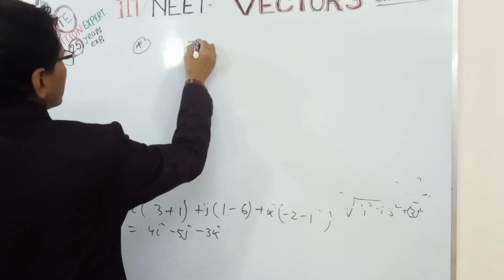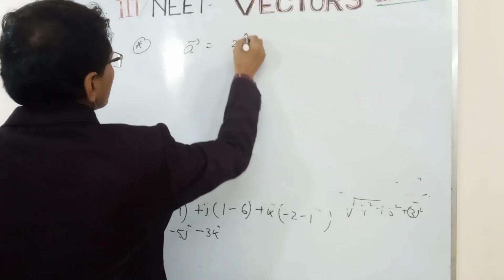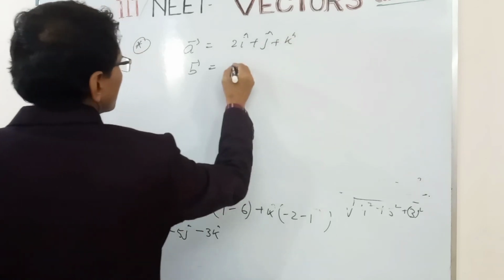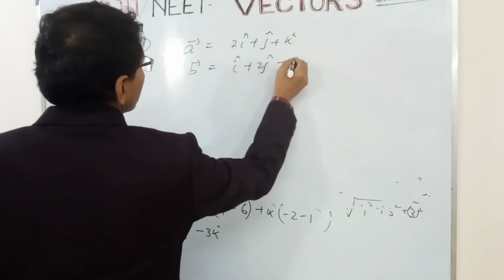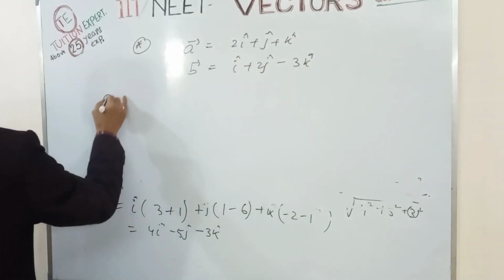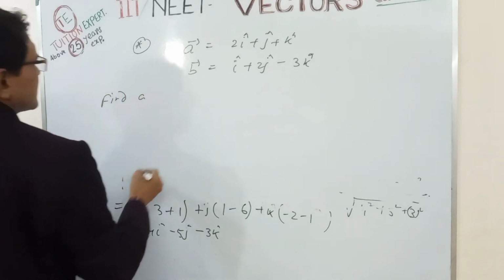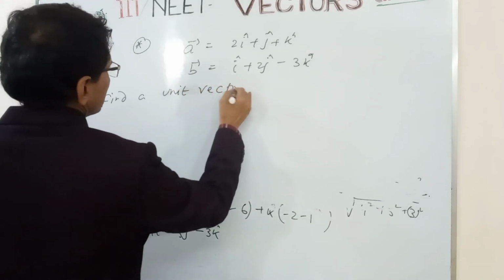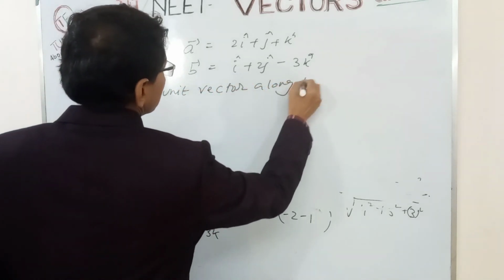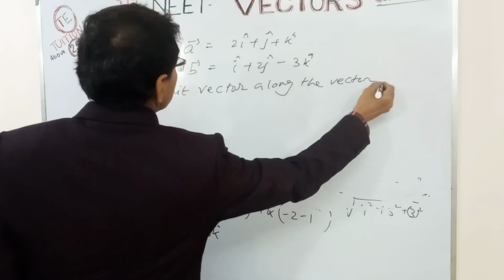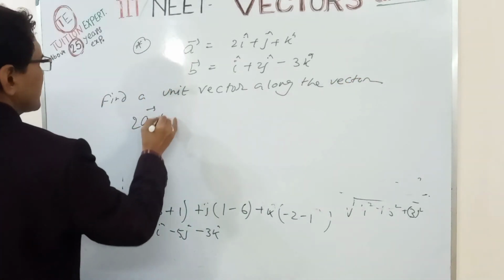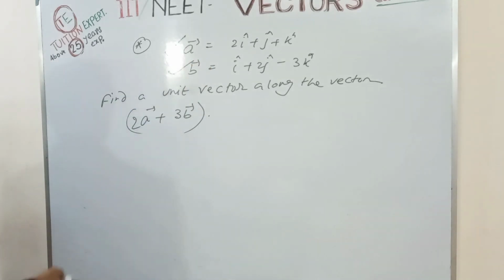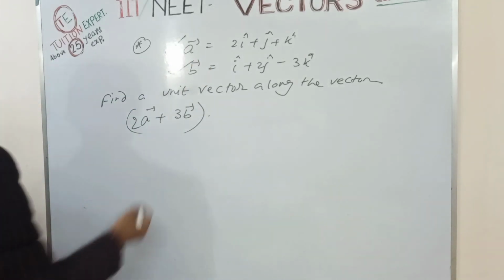Suppose a vector equals, and b vector equals. Find a unit vector along the vector 2a plus 3b. The two vectors are given; find a unit vector along the vector 2a plus 3b.